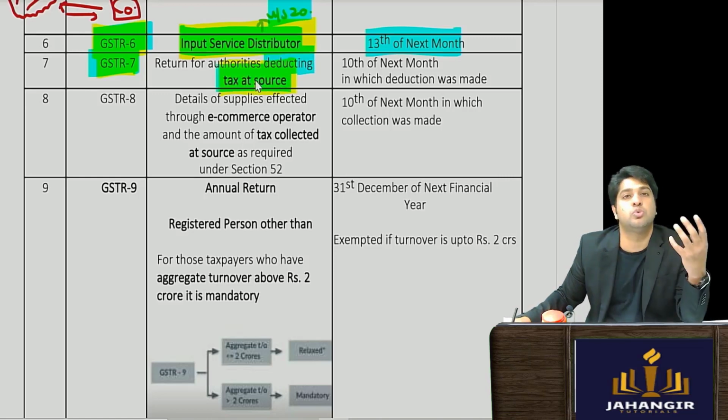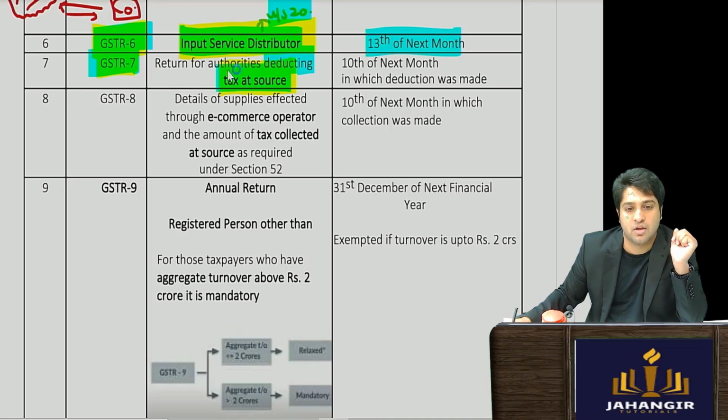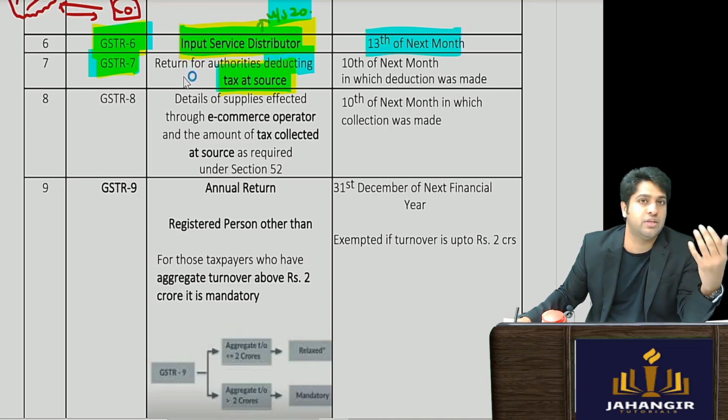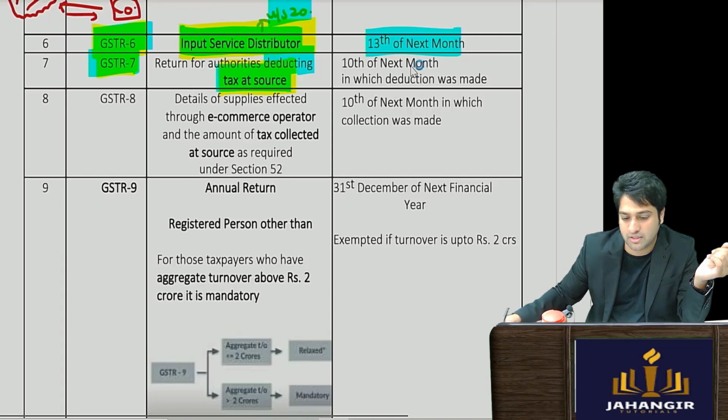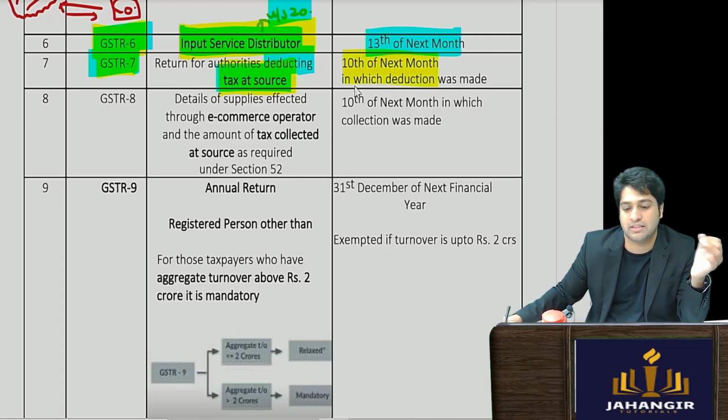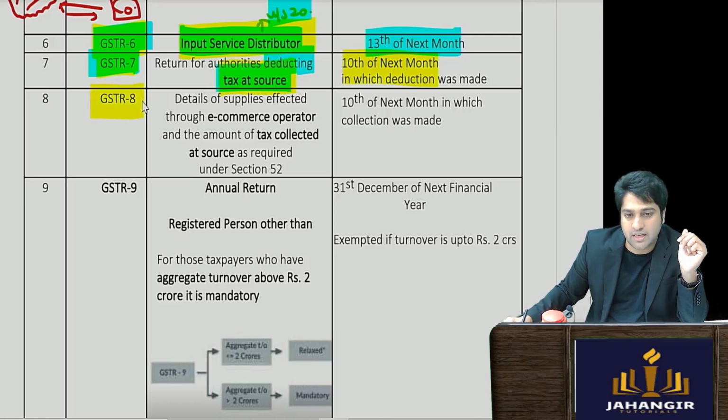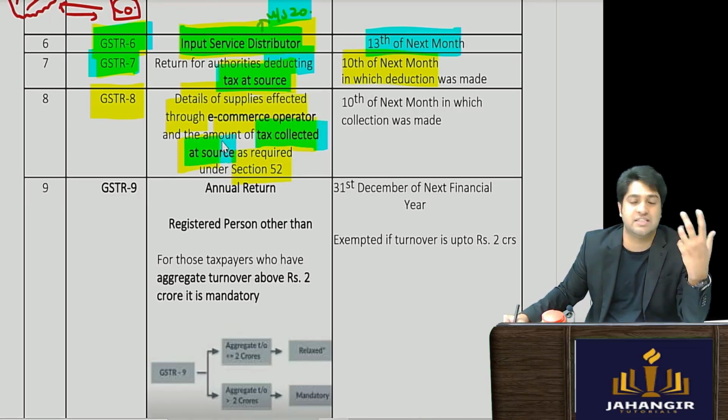Those who are deducting TDS will have to file a return of whom they are deducting from and how much they have deducted by the 10th of the next month in which the deduction was made. GSTR 8 talks about details of supplies effected through e-commerce operators and the amount of tax collected at source as required under section 52. Those who are required to collect tax at source is called TCS.